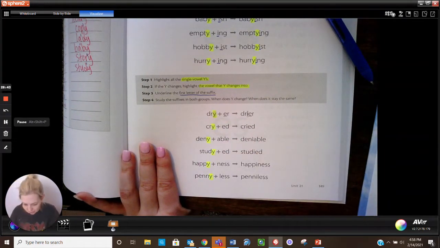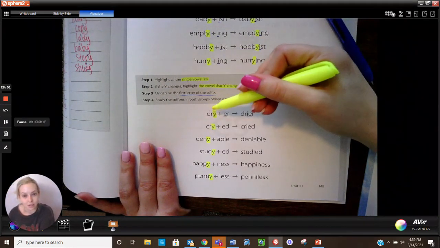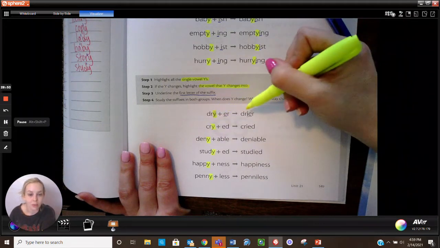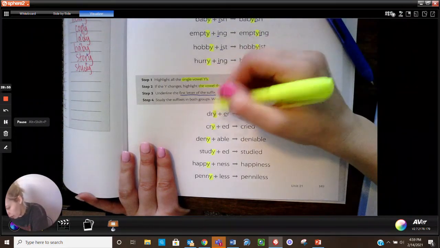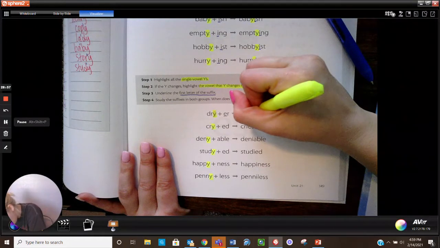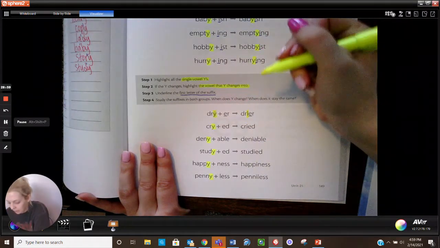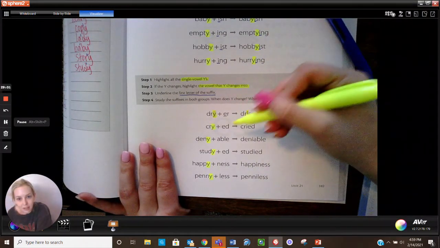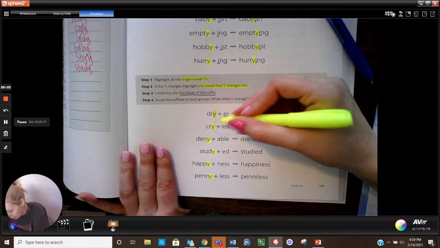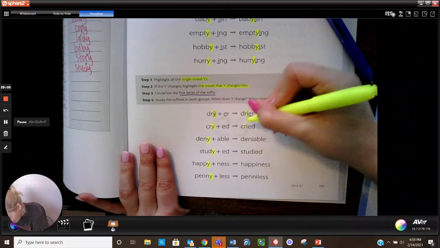All right, I think I got them all. Step 2, if the Y changes, highlight the vowel that Y changes into. So for example, in dry and the word is drier, Y changes to I. All right, here, let's see, it looks like Y changed to I again.